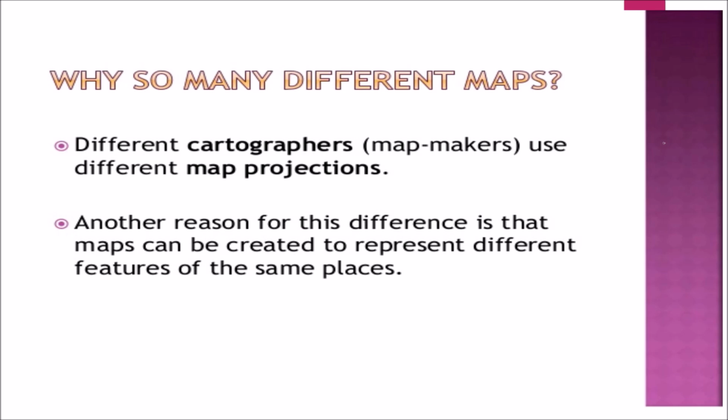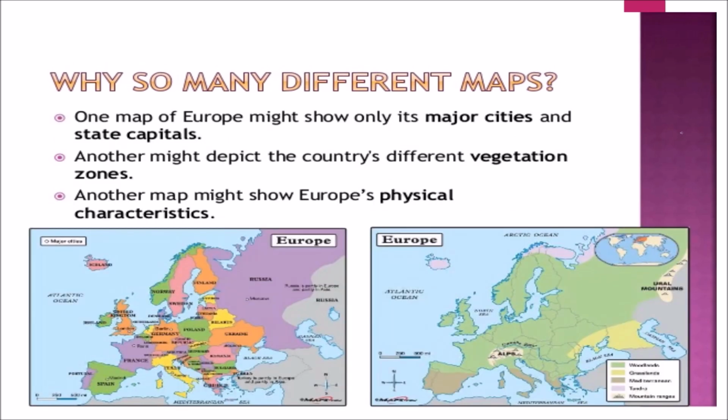Why so many different maps? Different cartographers use different map projections. Here cartographers means map makers. Another reason for this difference is that maps can be created to represent different features of the same places. Why so many different maps?